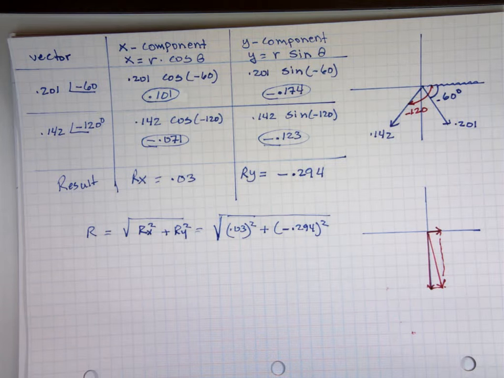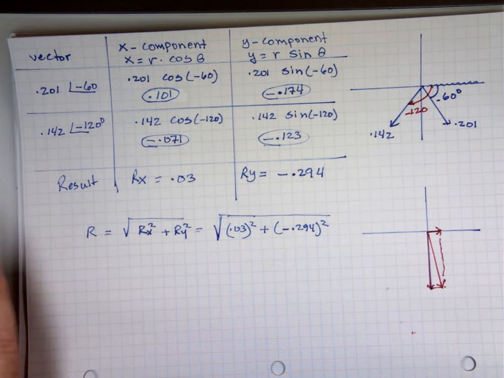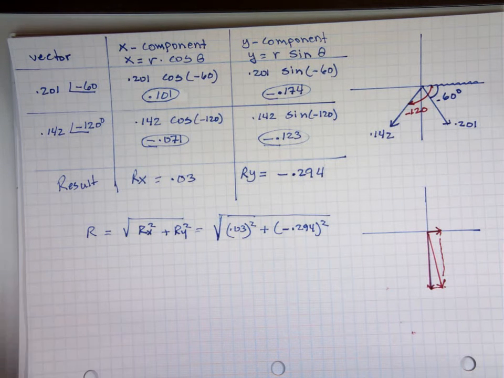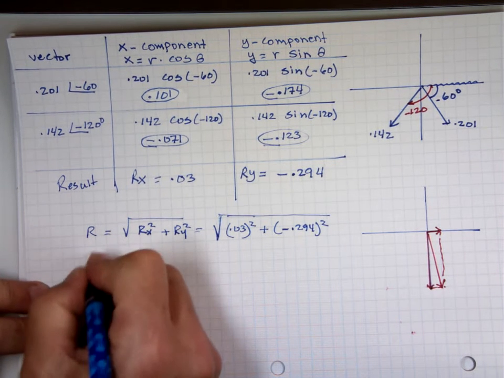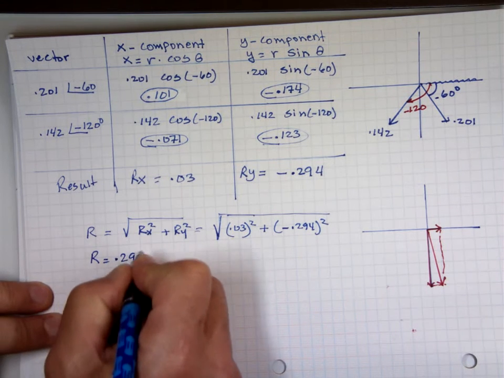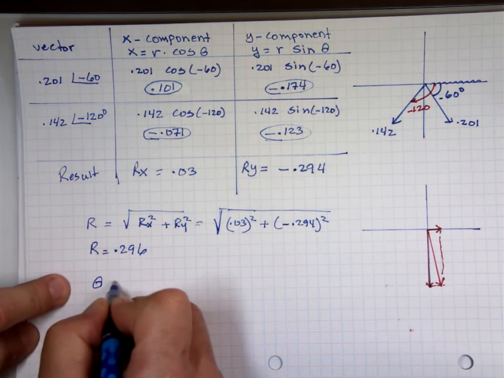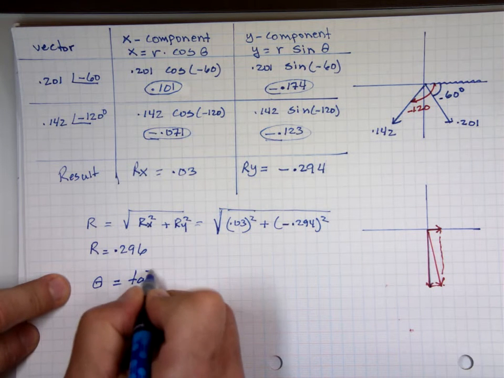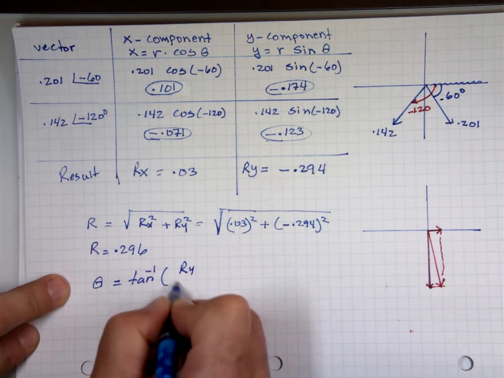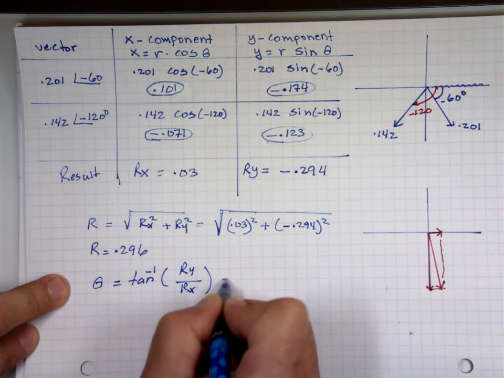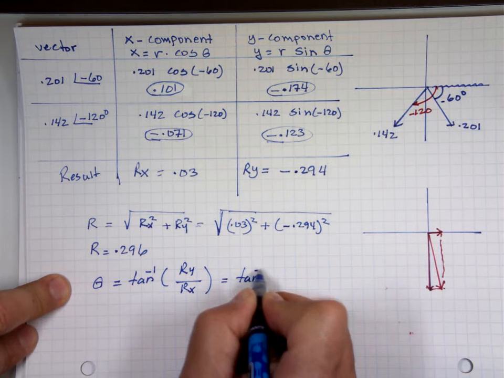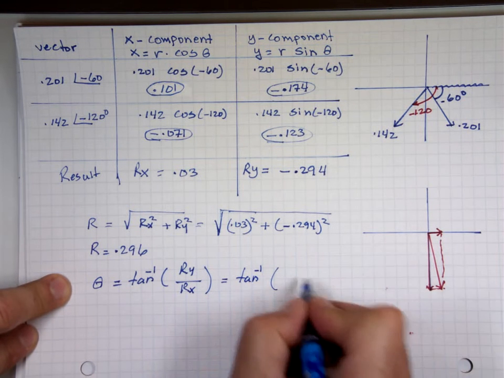So let's see what that number is. And if I did my math correct, that's 0.296. And theta is going to be the inverse tangent of the y over x. Y here is what? Negative 0.294.